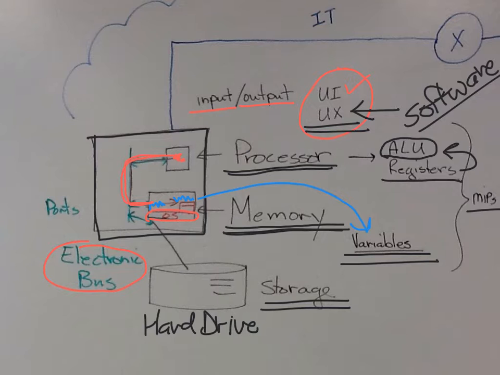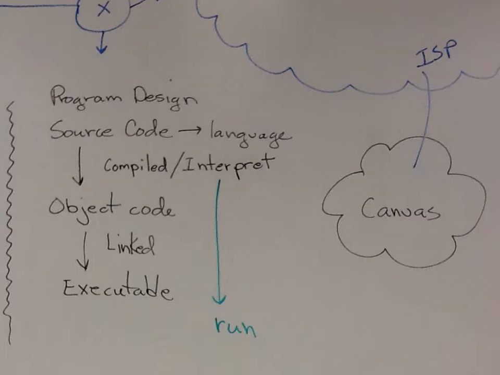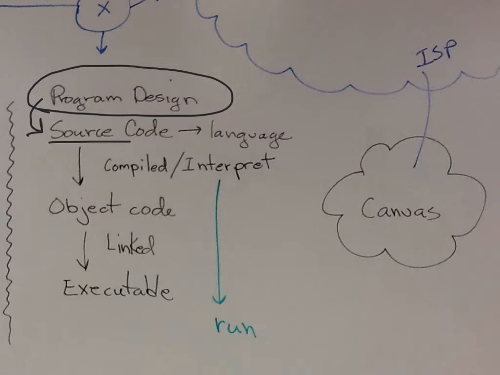All right, next slide. Here we talked about program design. Once we get a program designed, then we can actually start developing the source code. We develop the source code in some particular programming language. Once we get that created, then it is either interpreted or compiled.